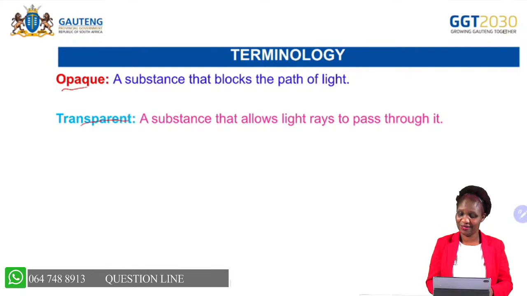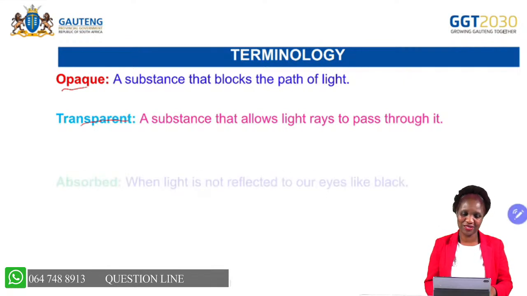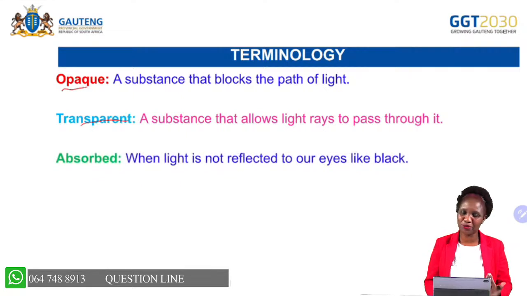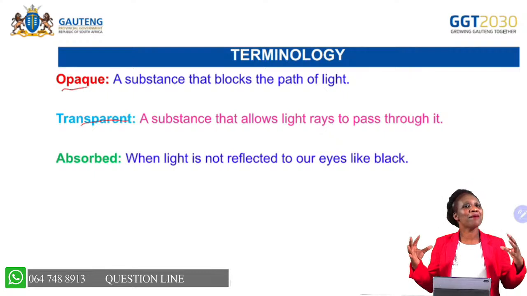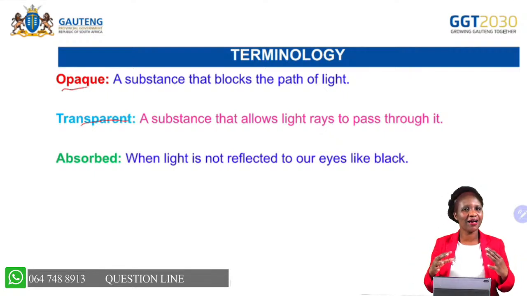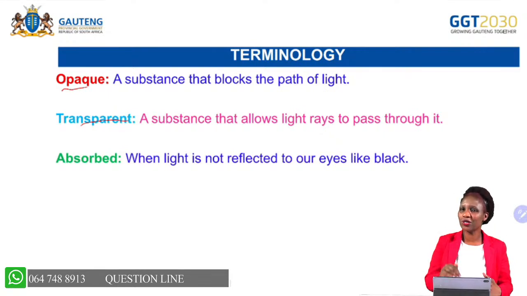Grade 8. Let's carry on defining the what? The terms. And then we've got absorbed. When light is not reflected to our eyes, for example, a black object, all right, it absorbs the colors of the spectrum. Okay, when white light shines on a black object, what's going to happen?